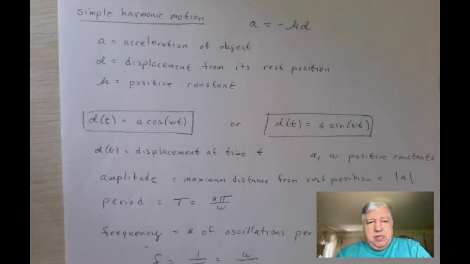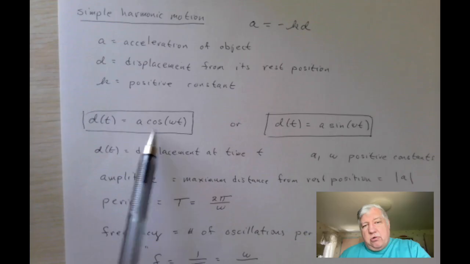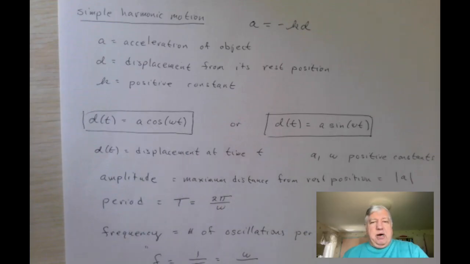The difference between displacement and distance is that displacement can be negative as well as positive. That's important because cosine and sine can be negative and positive at different points.